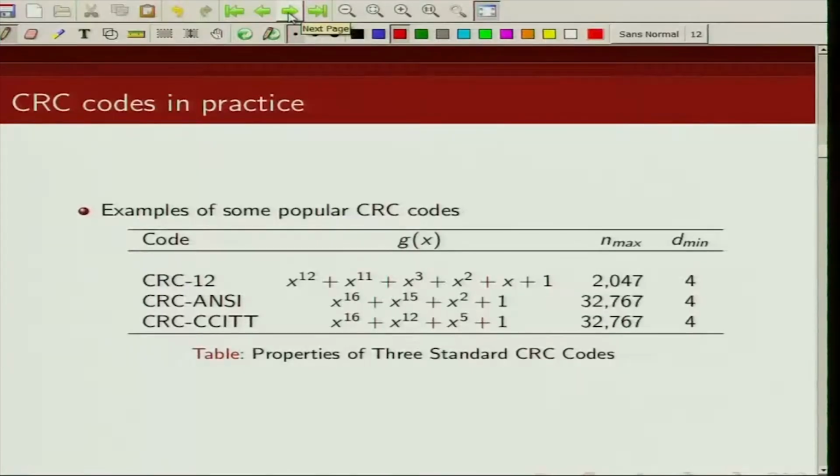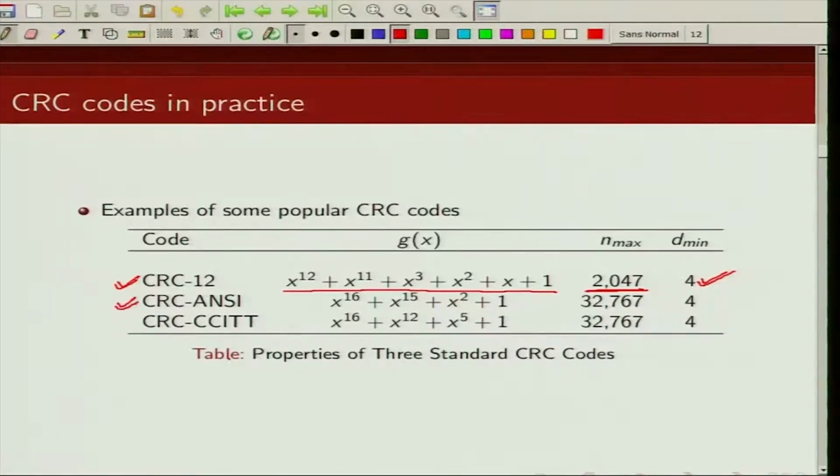I have listed some of the popular CRC codes. For the CRC-12 code, the generator polynomial is x^12 plus x^11 plus x^3 plus x^2 plus x plus 1. The maximum n that it can handle is 2047 and its minimum distance is 4, so it can detect 3 errors.